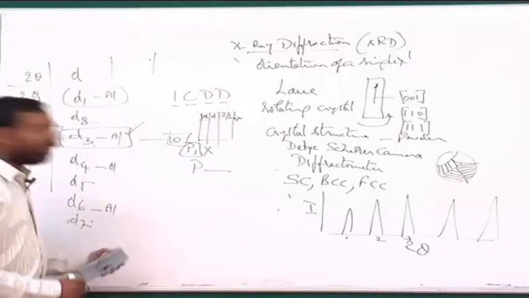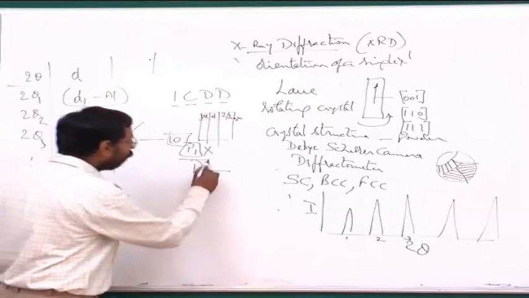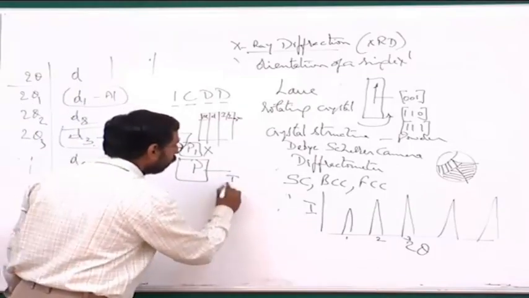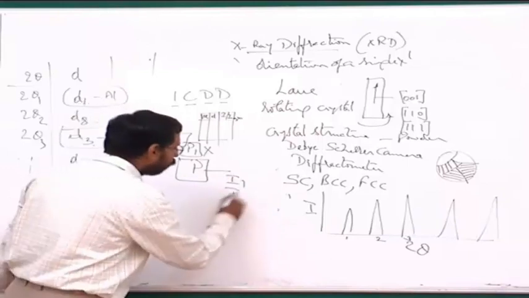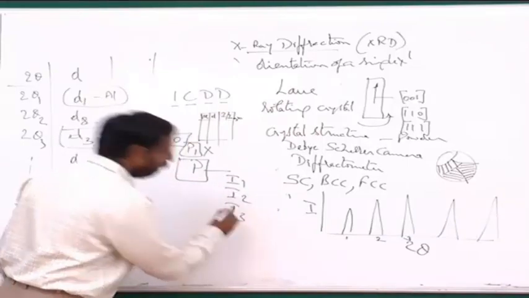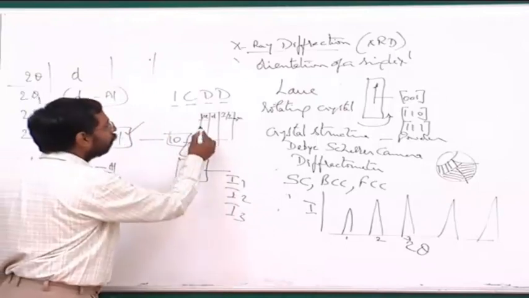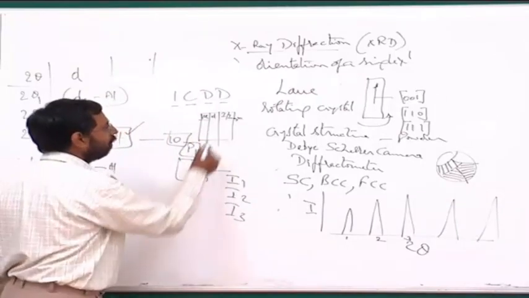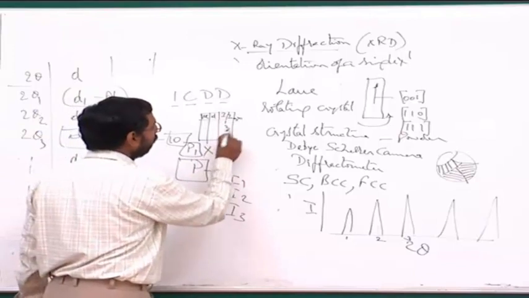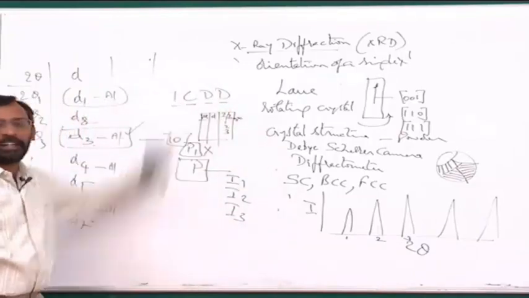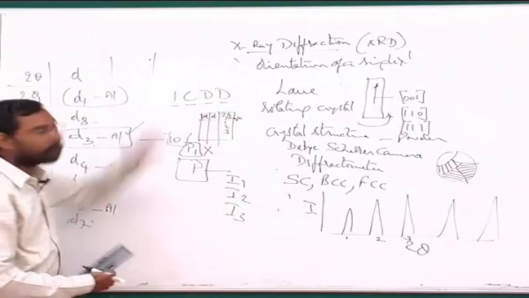And once I say yes, then what I do is look for the other 2 intense peaks. If this is the most intense peak, which I will call I1, then look for I2 and I3, the second most and the third most intense, and identify which Ds those are. They may not be in the same order, decreasing or increasing order of D, but they may be in some other order.